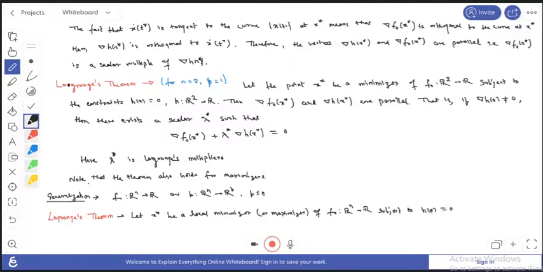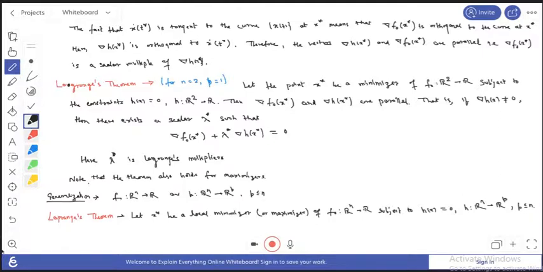Here this h is not a single one, but has h1, h2 up to hp, so it has p components. So this is a mapping from Rn to Rp, and here p is less than or equal to n.